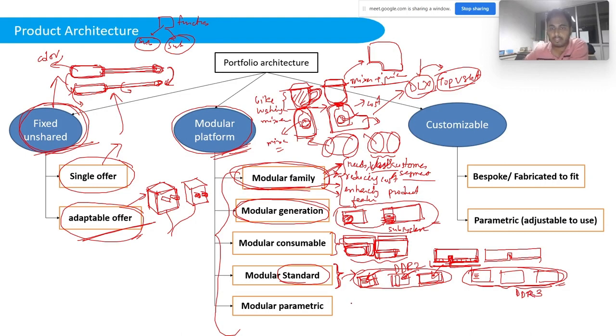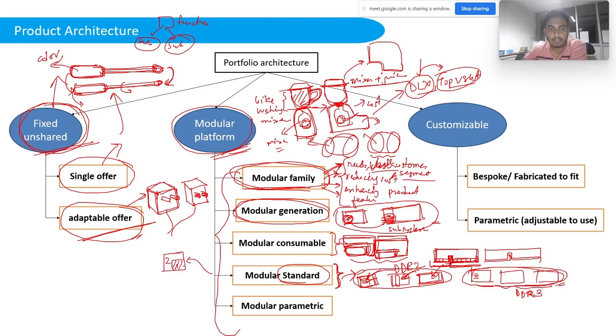But modular itself is something like we are using certain subsystems and changing a little subsystem of it and getting a new product or output. So how do you clearly categorize a modular standard here? Modular can be, okay, this is a system and you have component one and two.